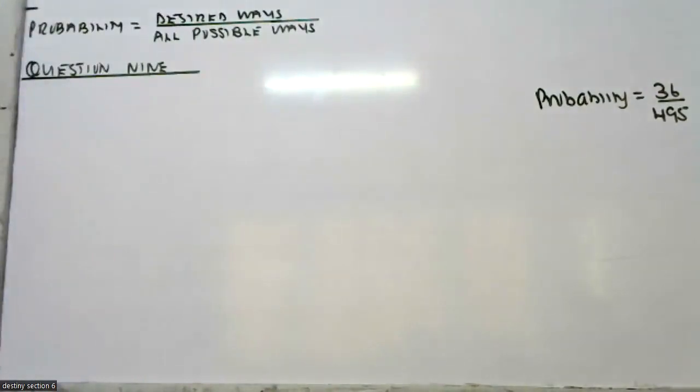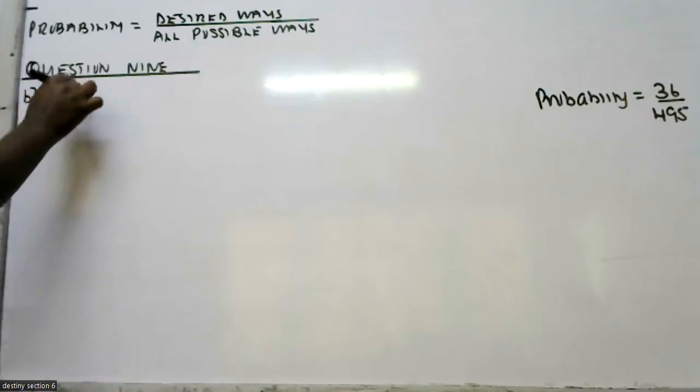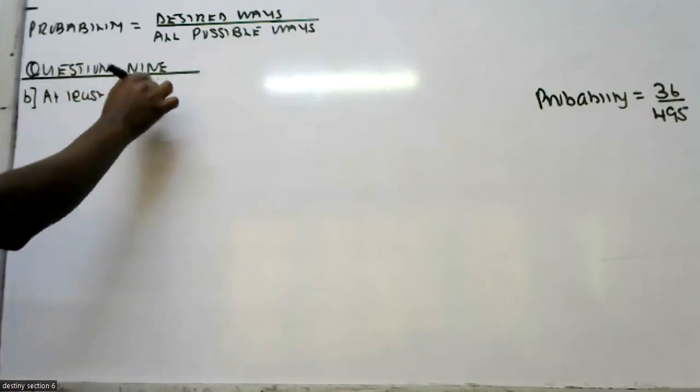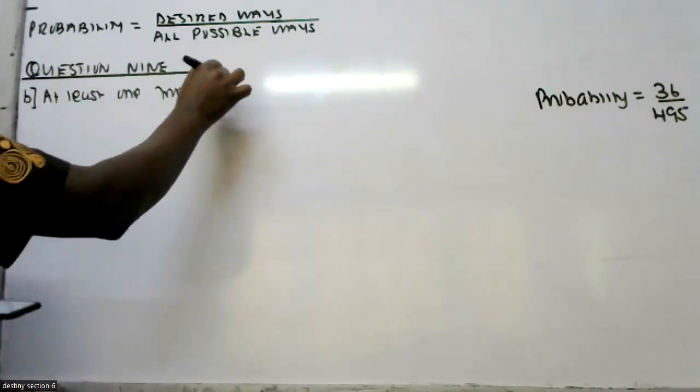The next one is saying we should have at least one from purchase. So part B, at least one from purchase.